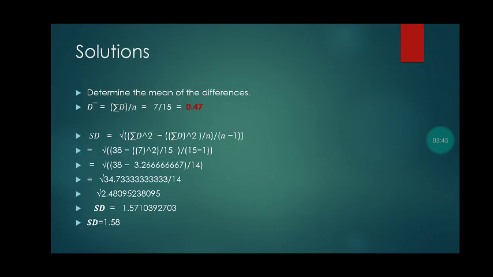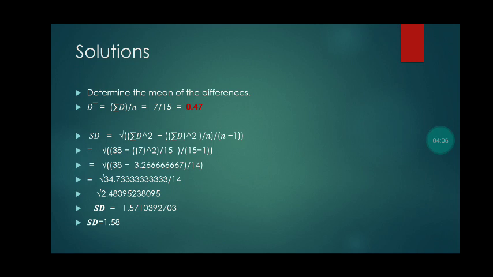That would be 7 divided by 15, 0.47, because ma'am said to round off to two decimal places. For our standard deviation, the formula is the square root of the summation of D squared minus the squared summation of D divided by N, all over N minus 1.